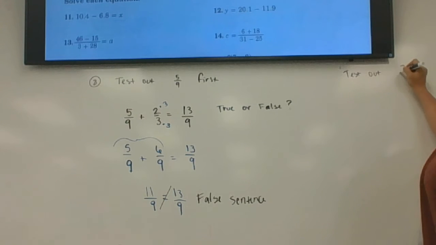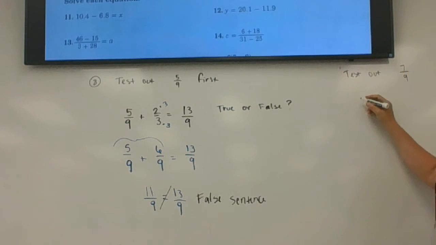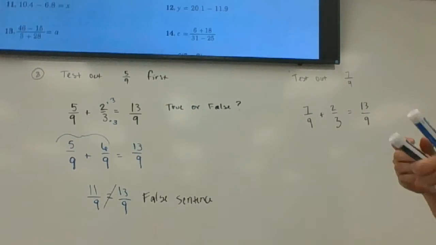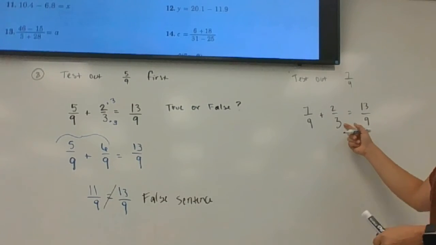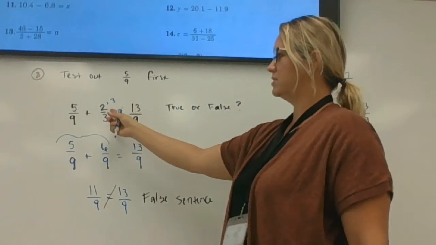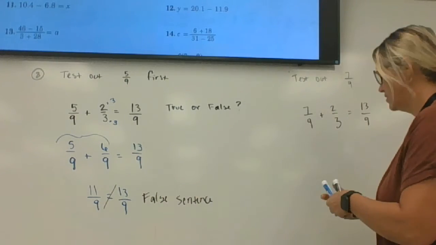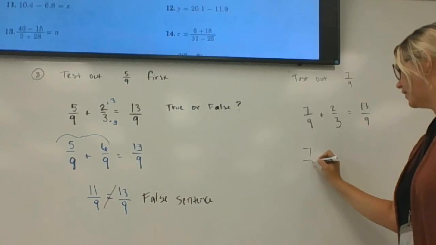So now I'm going to test out 7/9. So is 7/9 plus 2/3 equal to 13/9? And I can hear you guys saying, well, we already know what 2/3 is. So that's going to make the next one easier. 2/3, make that into a common denominator is 6/9. So good job picking up on that.